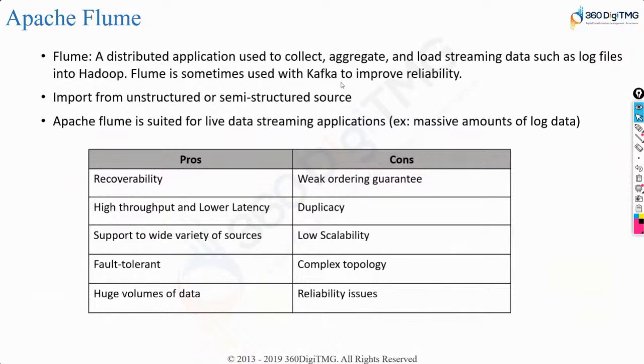In future classes, we'll also talk about what Apache Kafka is, which is basically a streaming, distributed messaging system, and it has a bunch of advantages to itself. We'll discuss that in the next class. But these two together can also work to improve the source data's reliability.